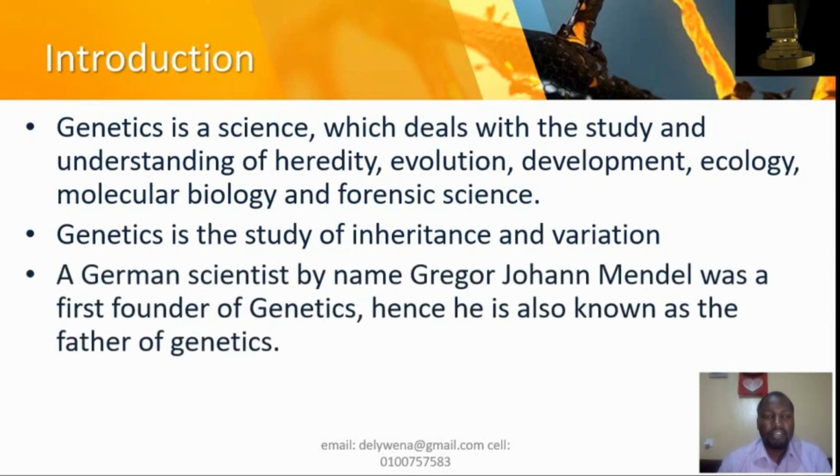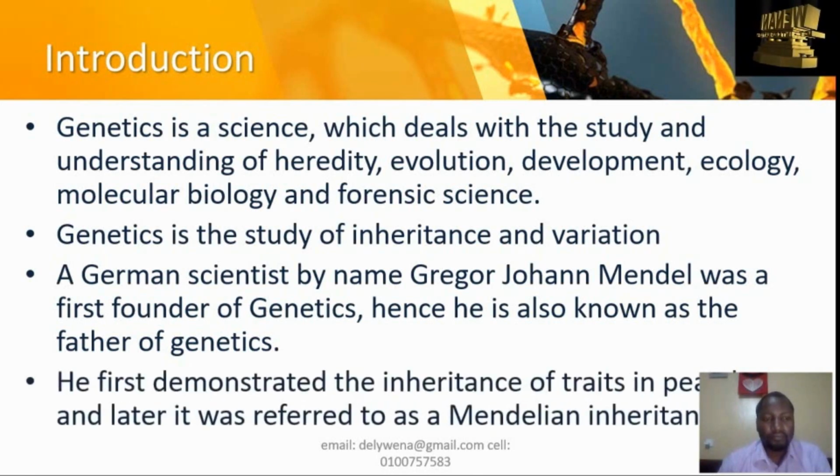Now, there's this man by the name Gregor Johann Mendel. This man is believed to be the founder of genetics because after performing a lot of experiments that we are going to look at, he was able to prove that some of these characteristics are inherited and how they are transferred, and how some of the offspring were very different from the parent, thus variation.